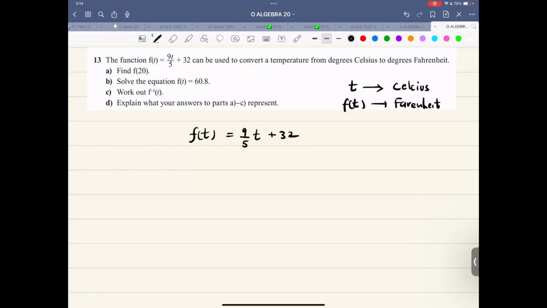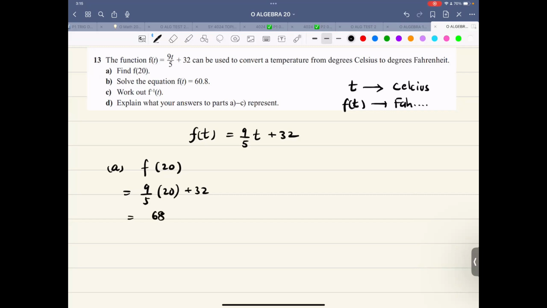Part A, f of 20. Just plug in 20. That is 9 over 5 into 20 plus 32. 5 ones are 5, 5 fours are 4, 9 fours are 36. 36 plus 32, that is 68.